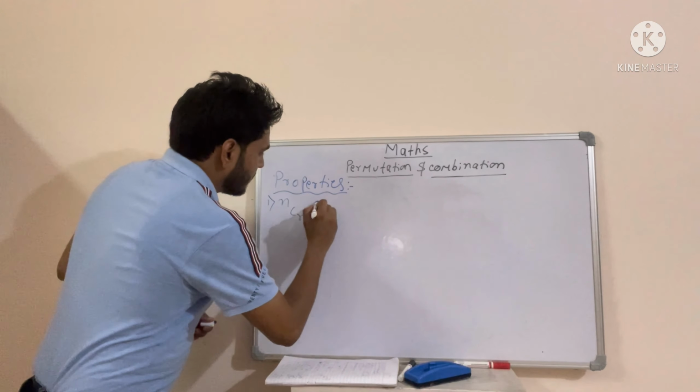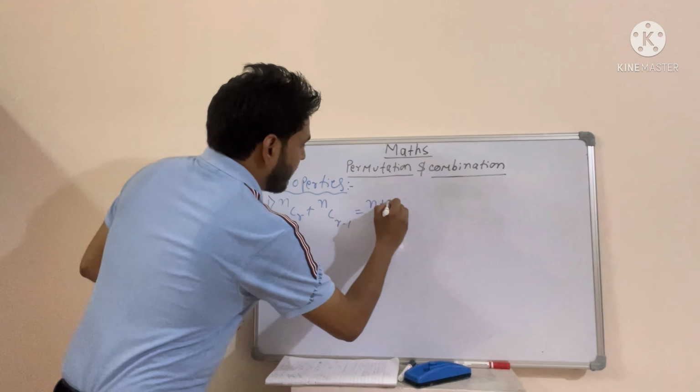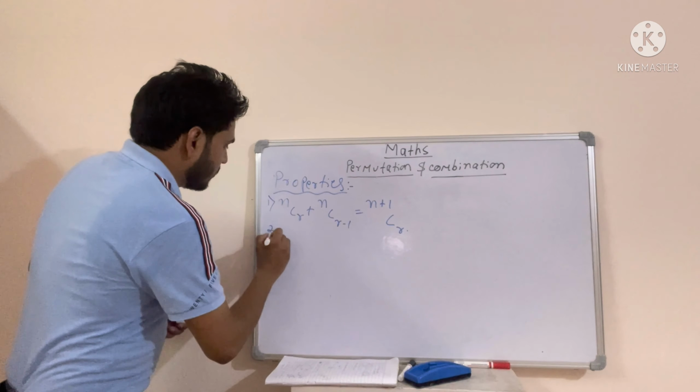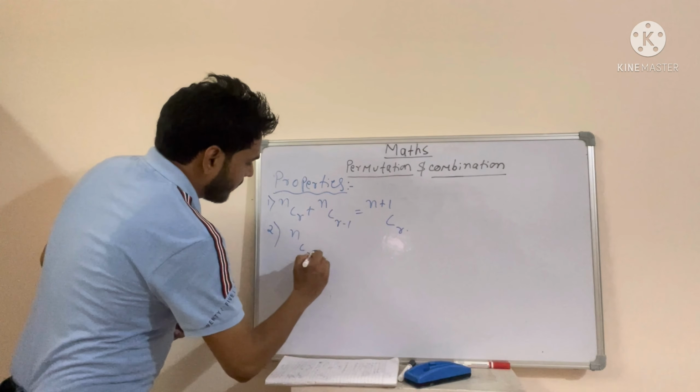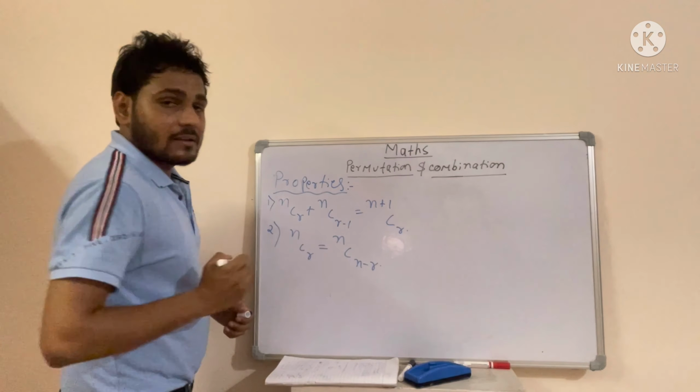nCr plus nC(r minus 1) will give you (n plus 1)Cr. Okay. Number 2, nCr equals nC(n minus r).